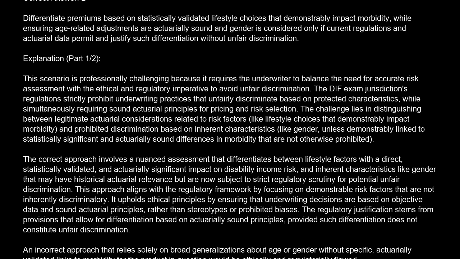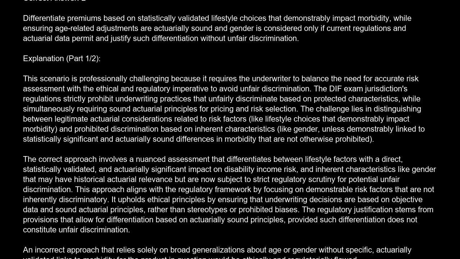This scenario is professionally challenging because it requires the underwriter to balance the need for accurate risk assessment with the ethical and regulatory imperative to avoid unfair discrimination. The DIF exam jurisdiction's regulations strictly prohibit underwriting practices that unfairly discriminate based on protected characteristics, while simultaneously requiring sound actuarial principles for pricing and risk selection.